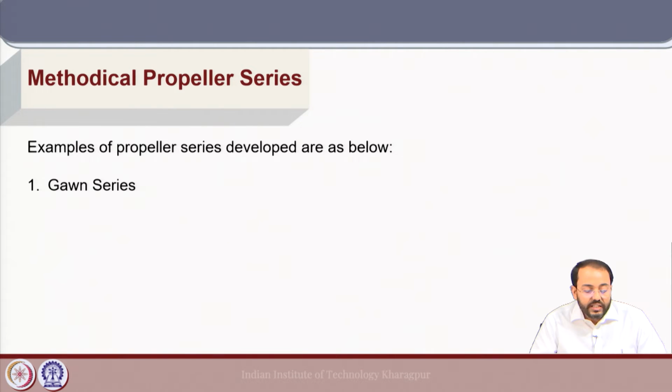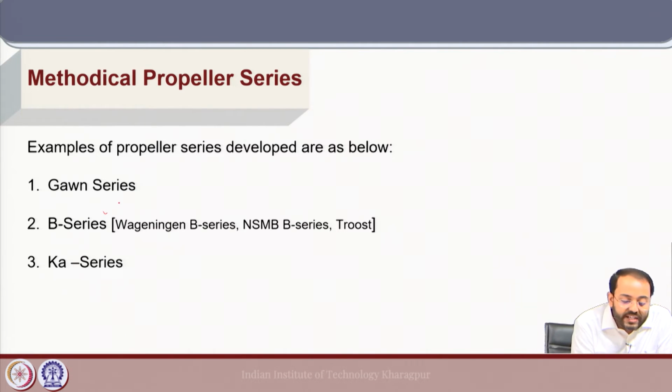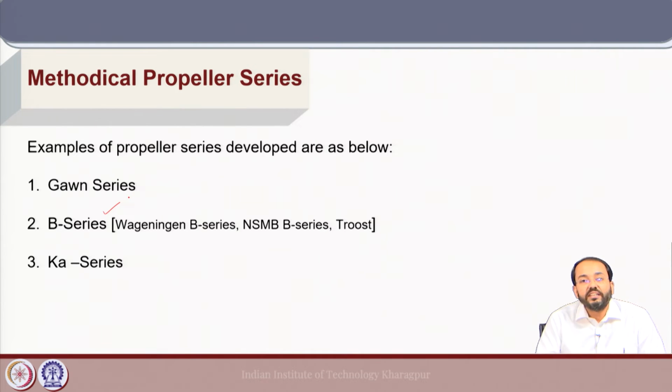So, based on these concepts, certain propeller series have been developed. For example, Gawn series, the B series or the Wageningen B series developed at MARIN in Netherlands, also called the Troost series sometimes. It is one of the most widely used propeller series for different purposes.